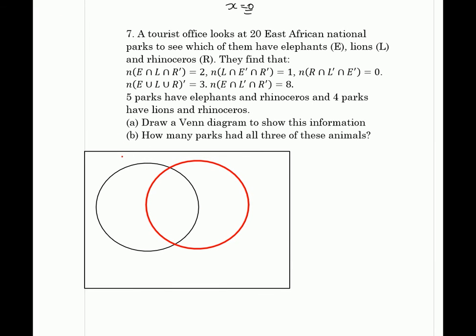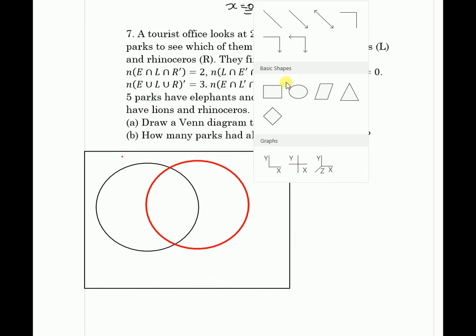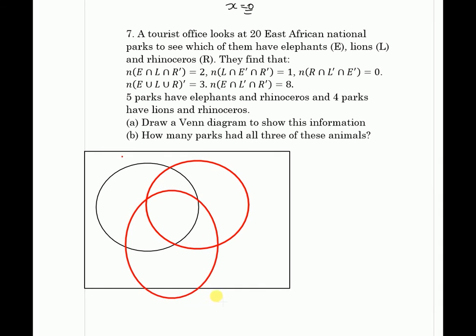That color. Okay. Which color should I put this? I didn't hear.